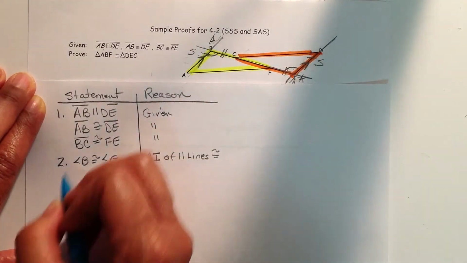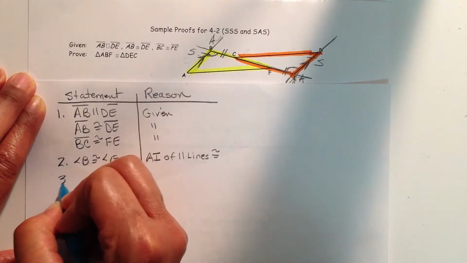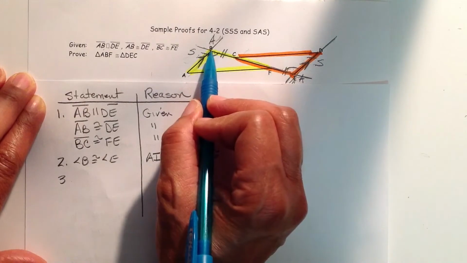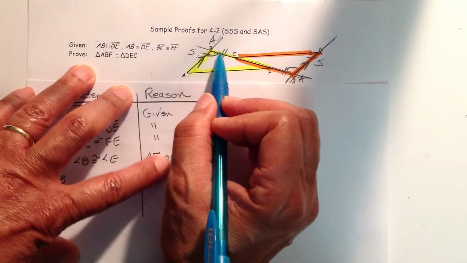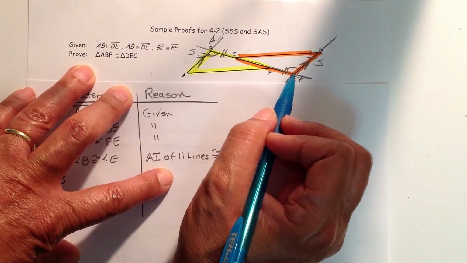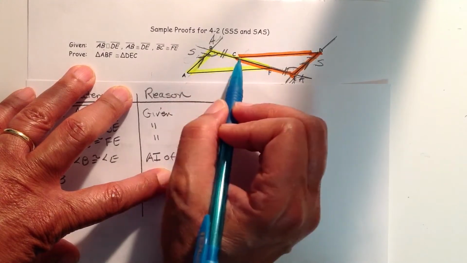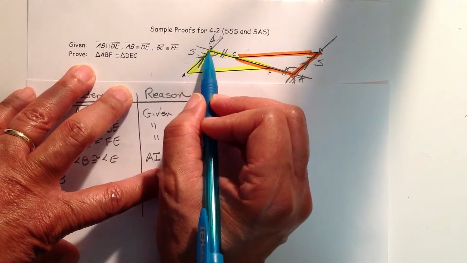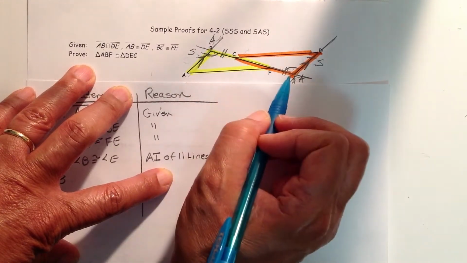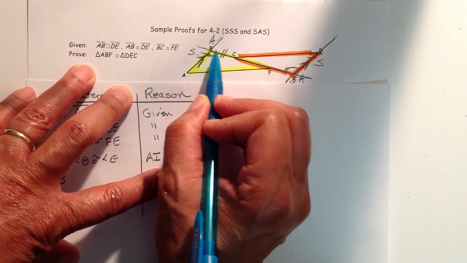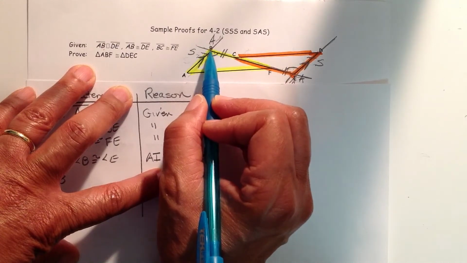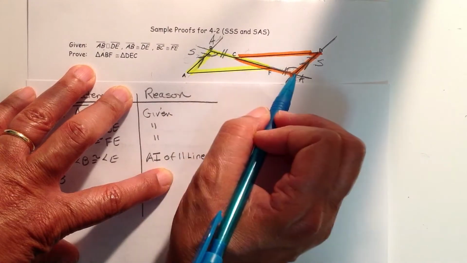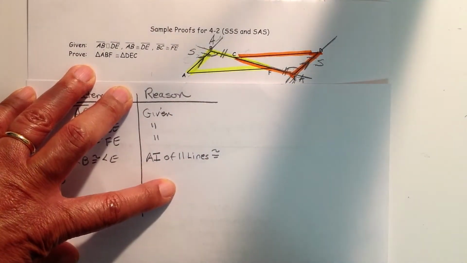Okay? Now, I've got a side and an angle, and I said I think I can make something of this segment here, BF and CE, in order to use side angle side. It has to be BF and CE in any case, because that's the only way B and E are included angles, if these two sides are also congruent.